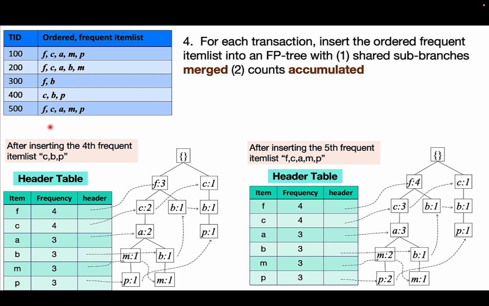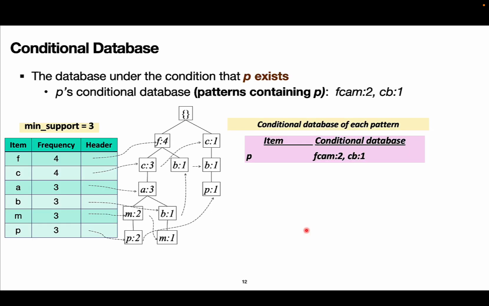Finally, FCAMP is similar to the first transaction, so we're going to increment FCAMP along this path. At this point, we are finished creating the FP tree, which contains all the information that we need to mine those frequent patterns.